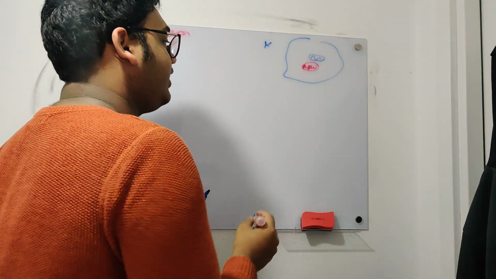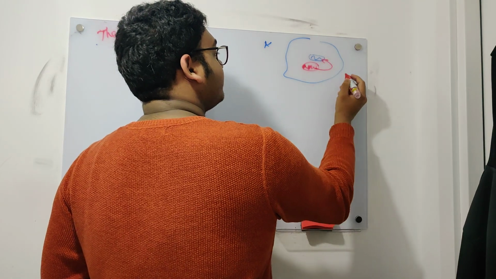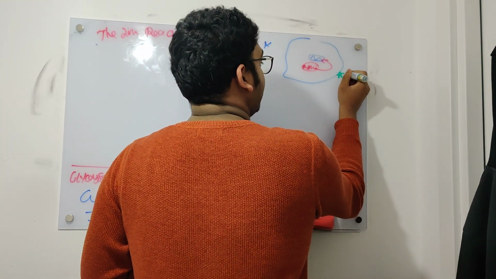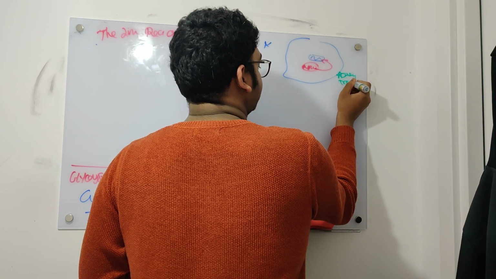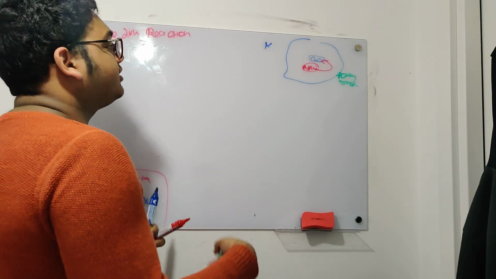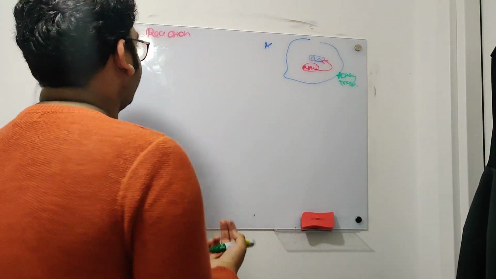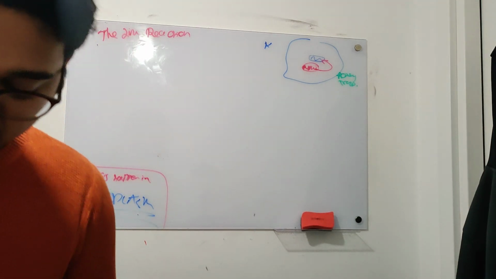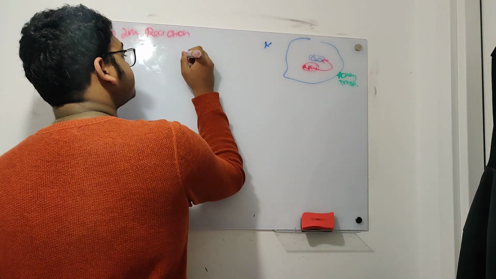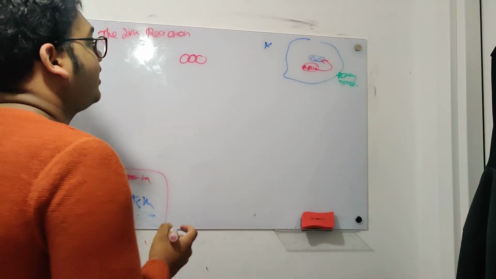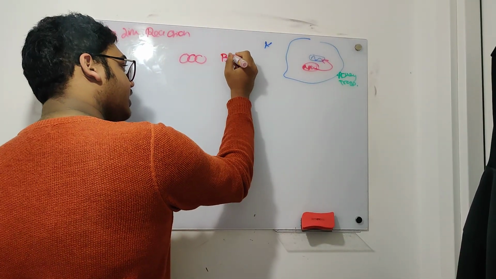And that pyruvate will be actively transported into the mitochondria. And this process is called the link reaction. So I'm going to draw out those molecules of pyruvate again. And I'm going to do one molecule of pyruvate just to simplify stuff. So pyruvate.